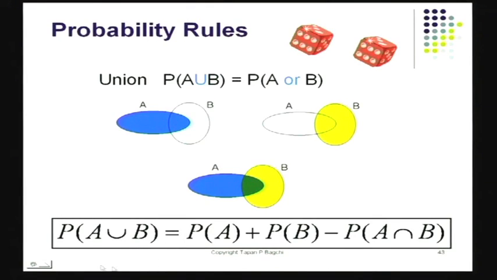As I told you, the formula for the probability of A union B, which is like finding an outcome either in A or in B, turns out to be P(A) plus P(B) minus P(A intersection B). This we have seen before.